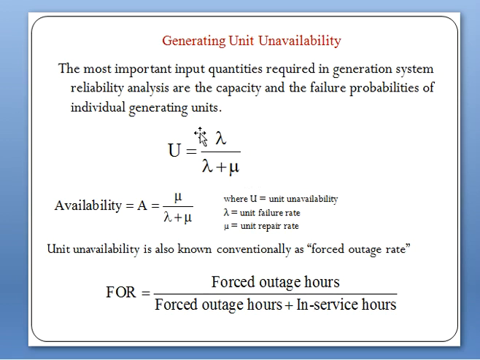We can also define the unit unavailability by this formula: U equals lambda divided by lambda plus mu, where mu is the unit repair rate and lambda is the failure rate. This is for the generation side.